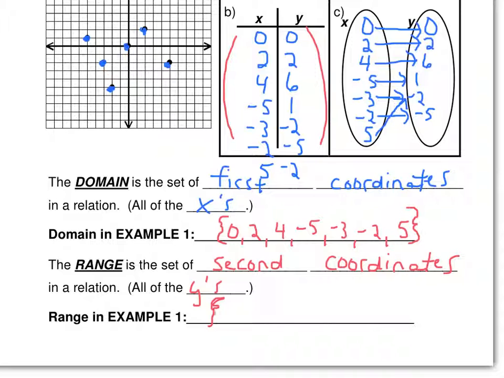Okay, 0, and then 2, 6, 1, -2, and -5. And notice -2 here is repeated, so I only list it one time. All right, so that is domain and range. Domain is your x's and range is your y's.